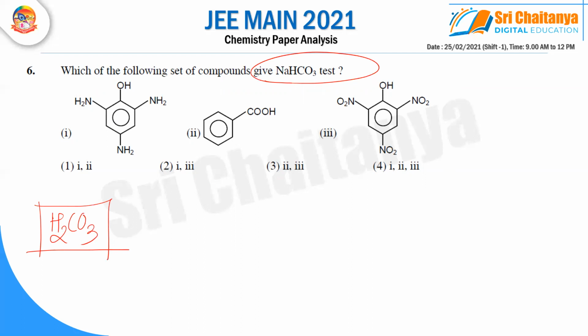So here we need to see which of the following compounds is more acidic than carbonic acid. This one is not. This one is, because it's a benzoic acid. And again, we have this particular compound, trinitrophenol. This is also more acidic than H2CO3. So we have an option here, 2 and 3, both are going to give this particular test.